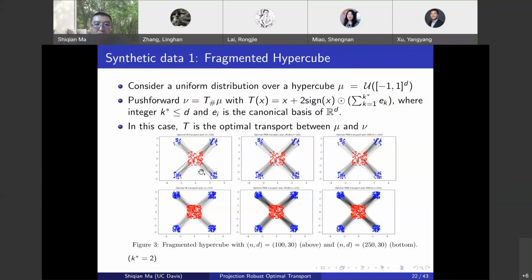So you can see that these optimal transportation plans look very similar, right? Especially for the Rgas and the RBCD algorithms, because they solve the same problem. So their optimal transportation plans look almost the same, right?